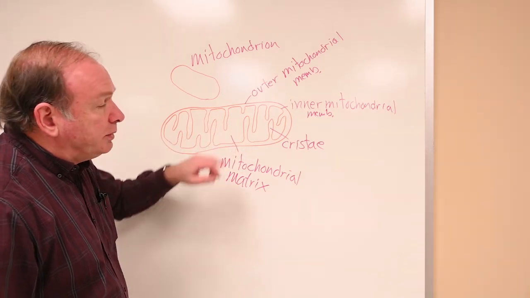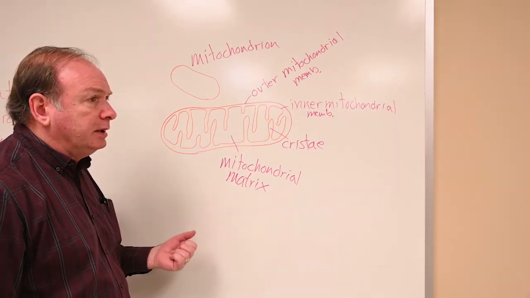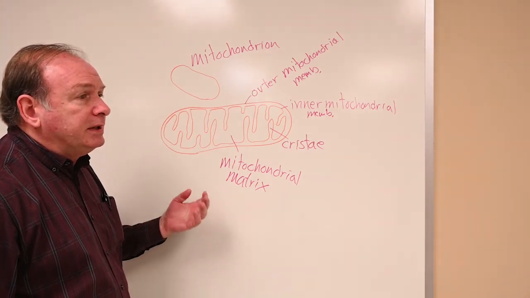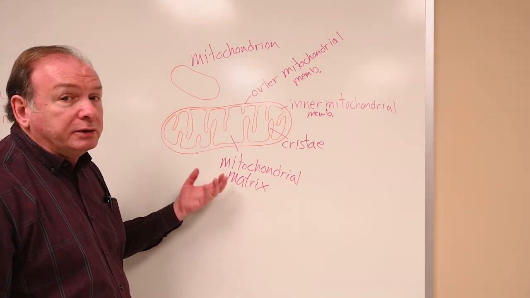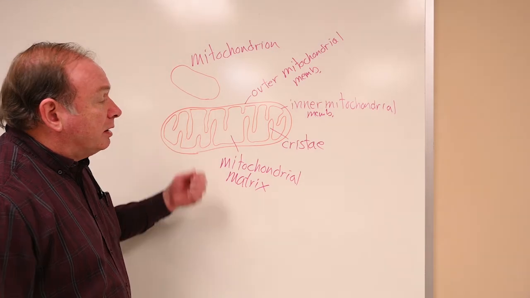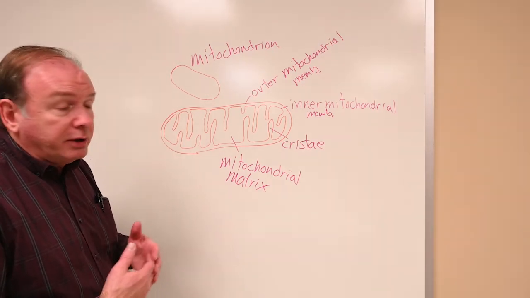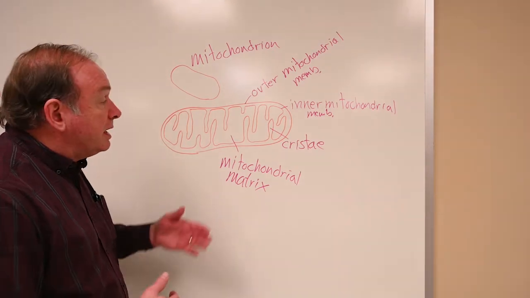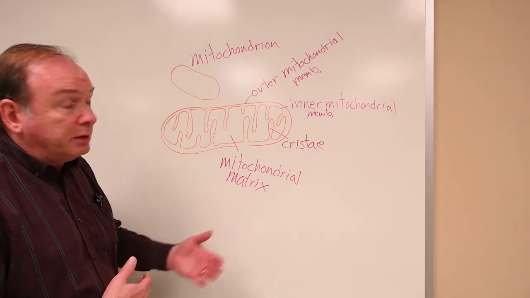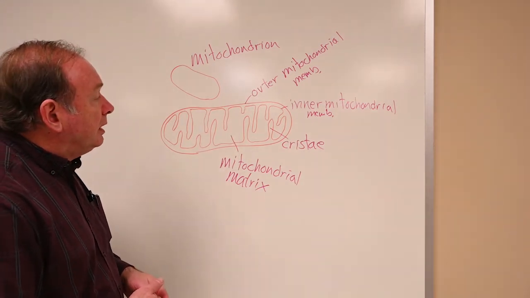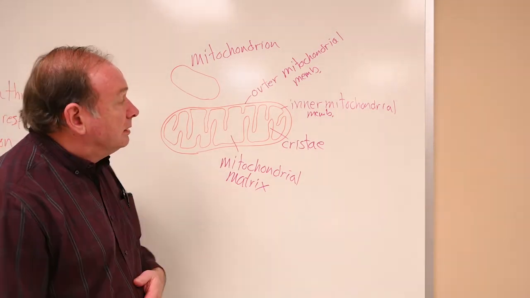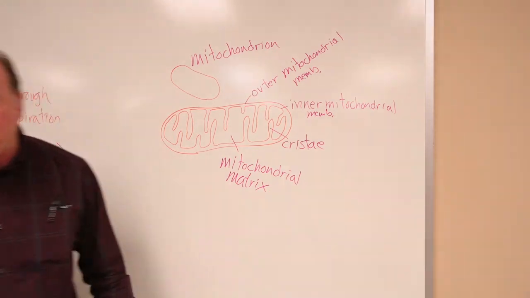Also within this matrix we have a form of DNA, mitochondrial DNA. And the mitochondria actually produce their own DNA, replicate their own DNA, and produce more mitochondria all to themselves. So anyway, that's the overall structure of mitochondria.